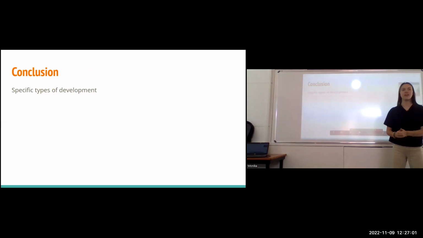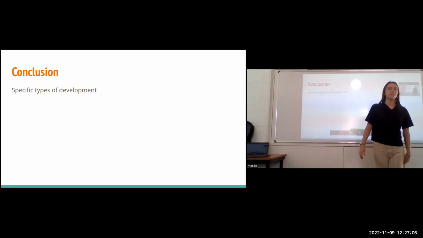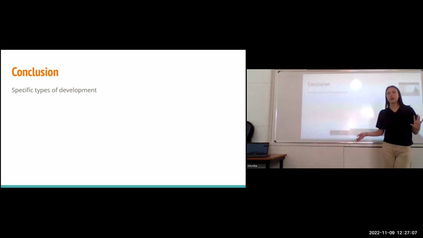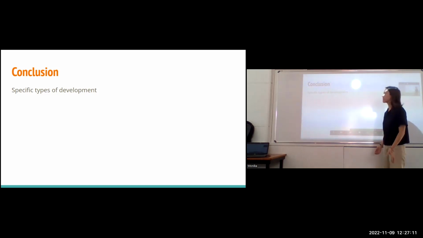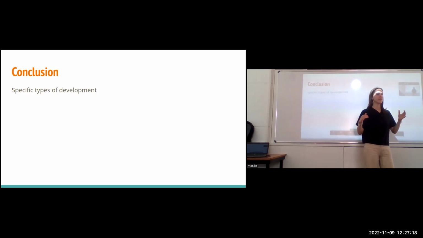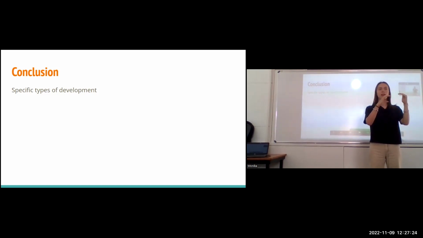So to conclude, we had a lot of case studies on social, economic, and some political developments. I think the way to conclude is that in most cases, it seems like there is a maximum amount of development, and if someone develops, this automatically means that someone else's development will decrease.